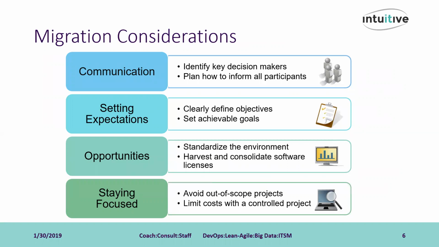And lastly, focus. We need to avoid being pulled into side projects that come up as a result of the migration activities. Be sure that the end users and stakeholders understand the boundary of the migration and what is included as part of the migration budget.